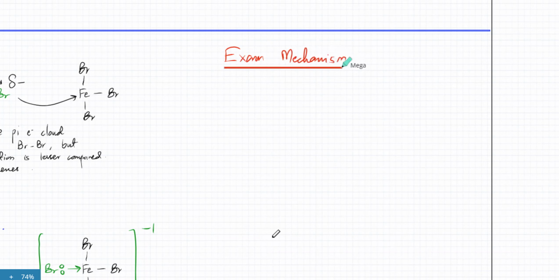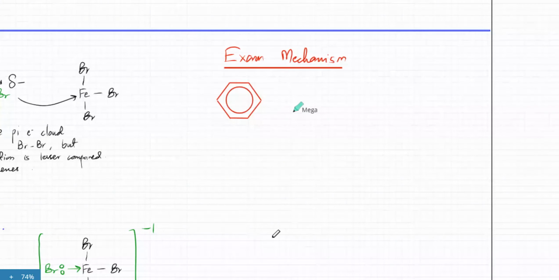The benzene would usually be represented by its skeletal formula most of the time. So that's benzene's skeletal formula. Here's your bromine molecule with its 2 electrons in the middle, and that's your FeBr3.